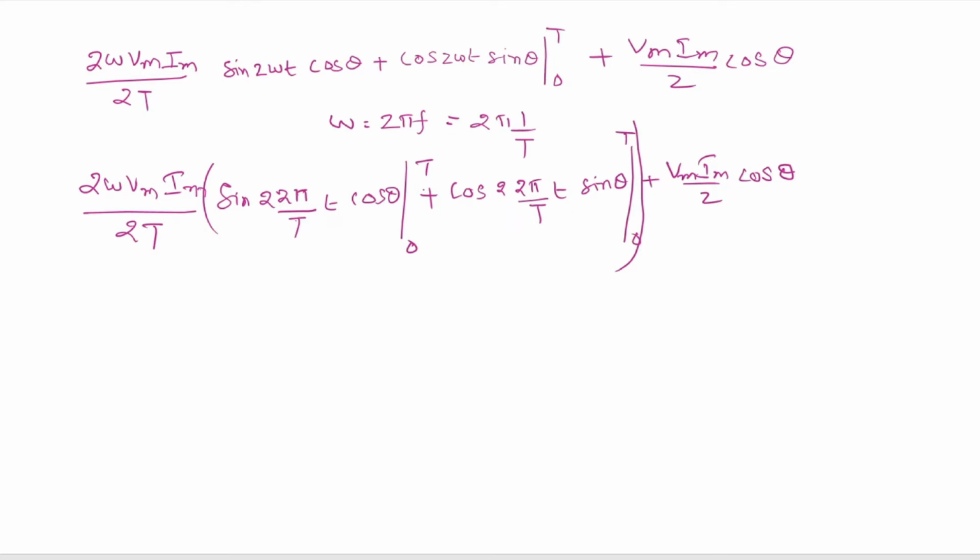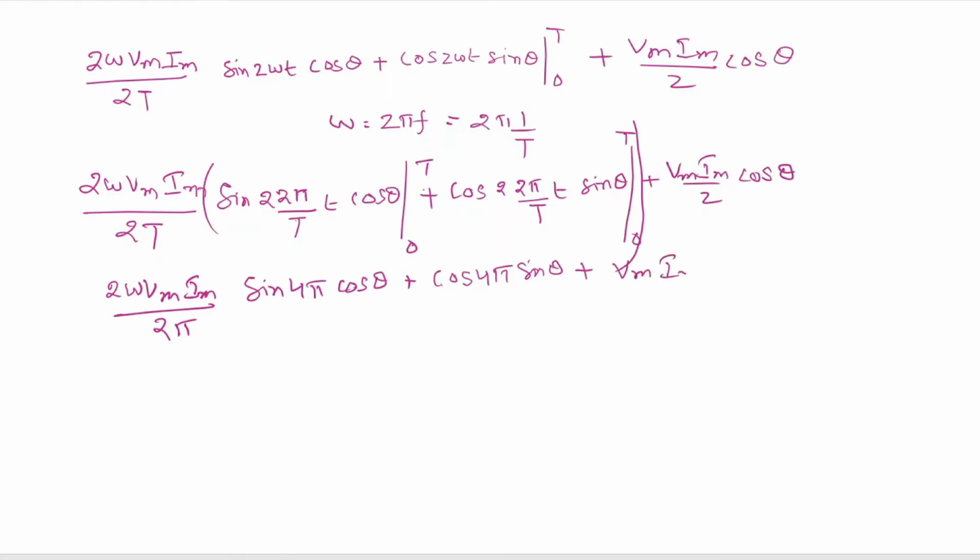So 2 omega Vm Im by 2 pi into sin 2 pi or sin 4 pi into cos theta, plus cos 4 pi into sin theta, plus Vm Im by 2 cos theta. So what is sin 4 pi? 0.